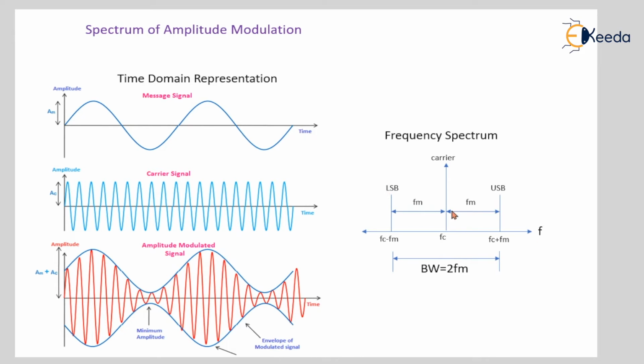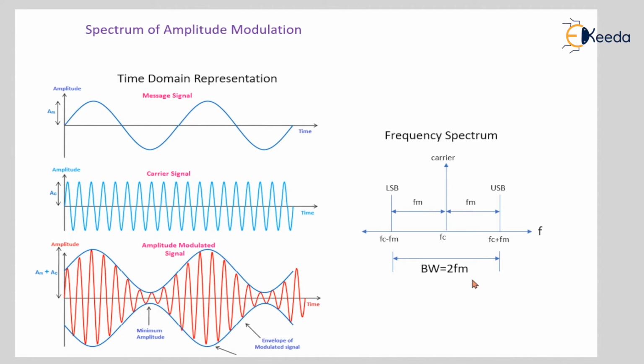The separation in terms of frequency from the carrier signal is FM in both cases. So the corresponding frequencies of the sidebands are calculated as FC plus FM and FC minus FM, and the complete bandwidth is calculated as 2 times FM.